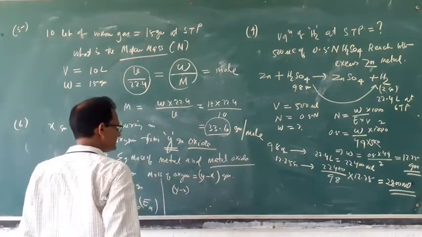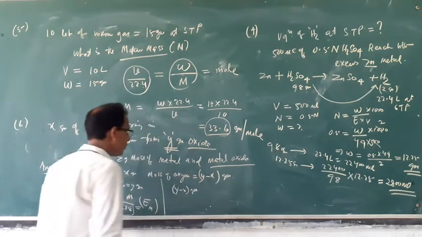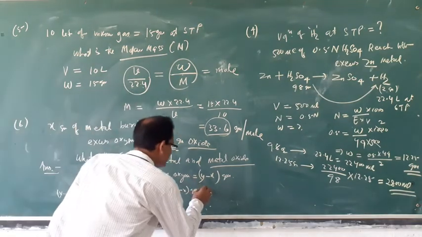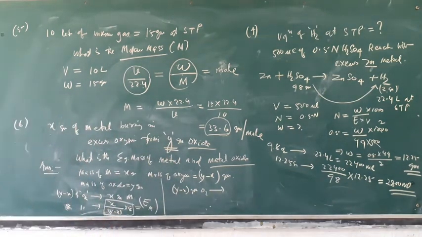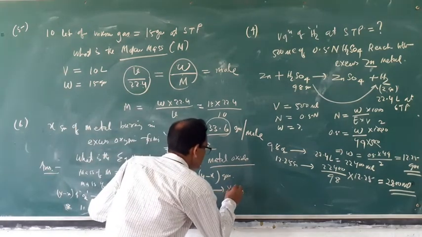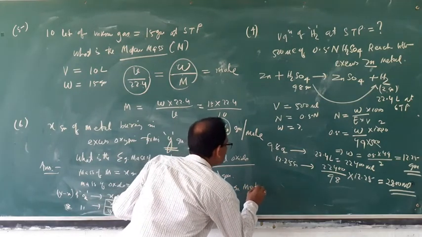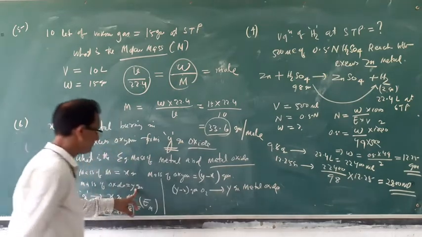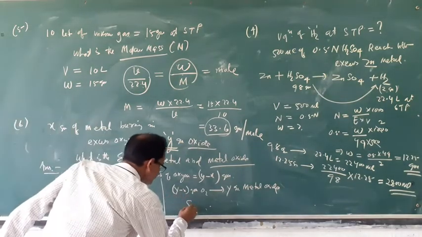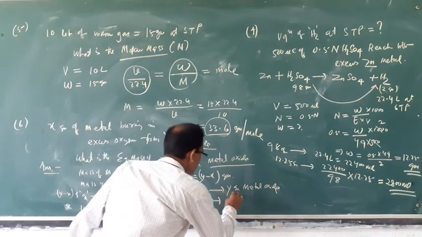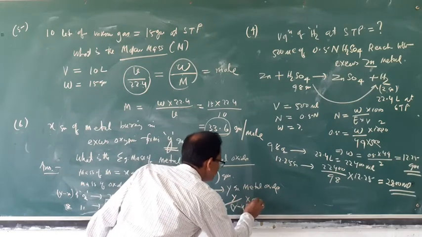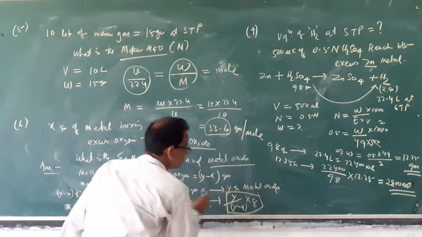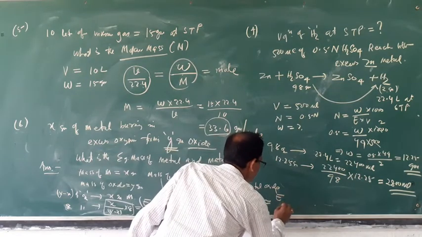Y minus X gram oxygen combined with Y gram metal oxide, as per the question. So 8 gram is how much? 8 gram will be Y upon Y minus X into 8. So this is the equivalent mass of oxide.